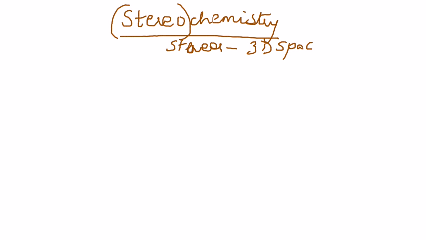So in this chapter, we are going to discuss how the presence or absence of certain groups which are directional, either they're pointing towards you or away from you, how that affects maybe their binding to a certain protein. And so it becomes a very, biologically, a very relevant topic.